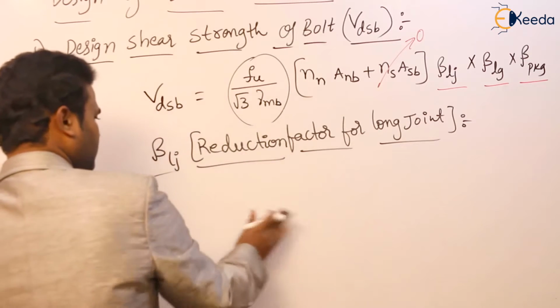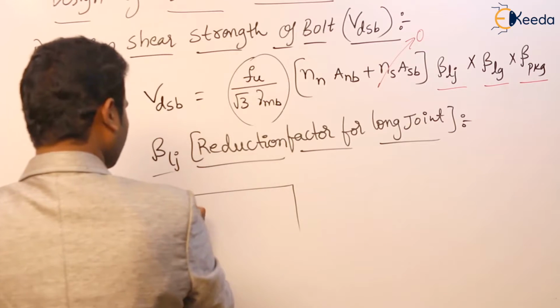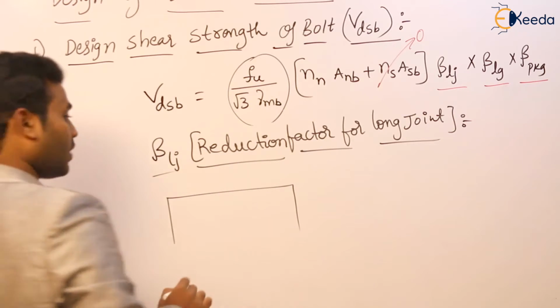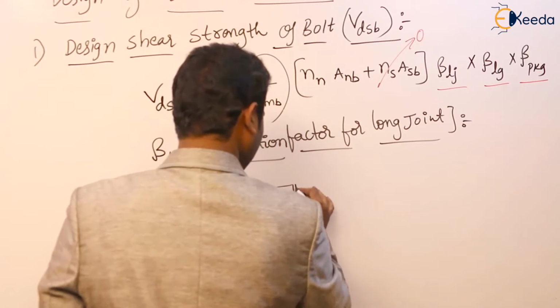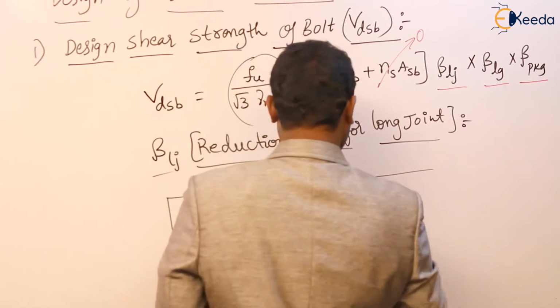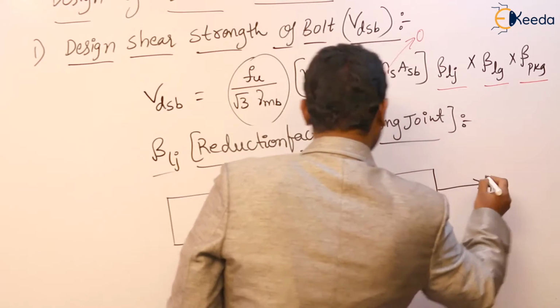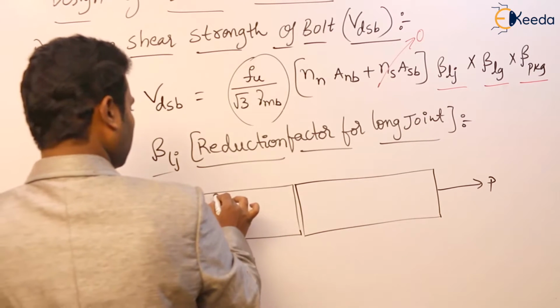If I show you the diagram, the top view this time. Previously, the diagram I showed was a front view. Now this is a top view. Here the load is there. Here the cover plate.